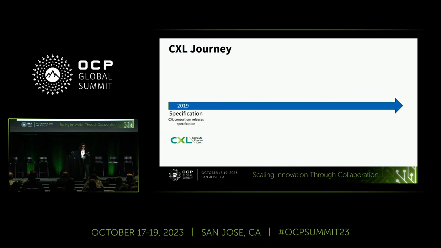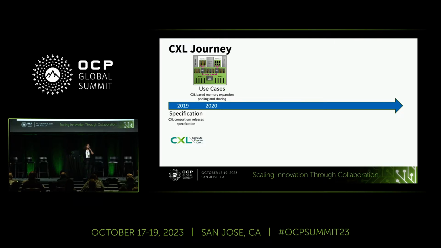Okay, let's try this again. All right. So 2019, we get this first spec. We are now at the cusp of release of CXL 3.1.